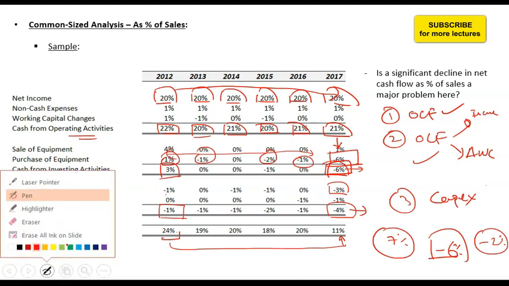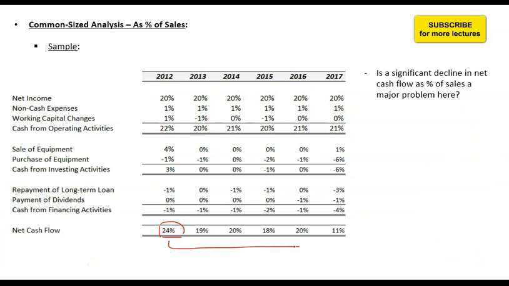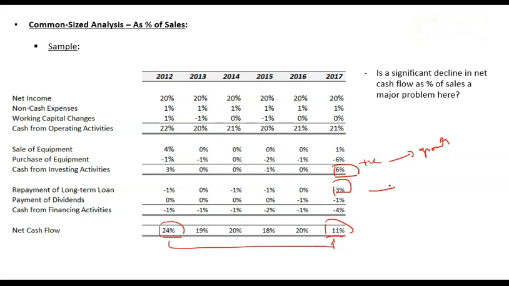Although net cash flow has reduced from 24% to 11%, that is primarily due to investment, that is capex, and repayment of loan, which means that overall operations are still strong and inflows are still strong. These are already positive signs in themselves, because this can lead to future growth and reduced risk and interest expense. So although net cash flow has decreased significantly, this is not a problem, and the company's cash flow statement is still showing strength.